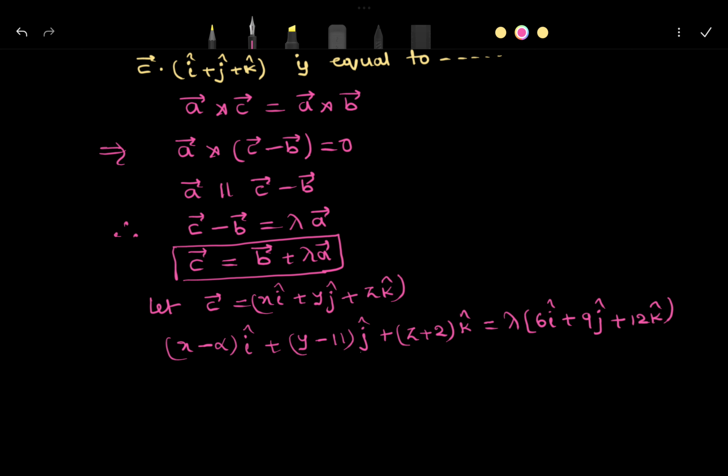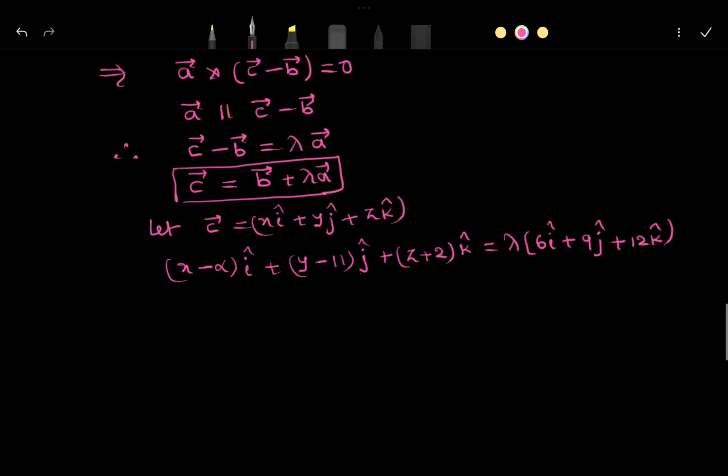Now write this in Cartesian form. It becomes (x minus alpha) by 6 is equal to (y minus 11) by 9 is equal to (z plus 2) divided by 12.